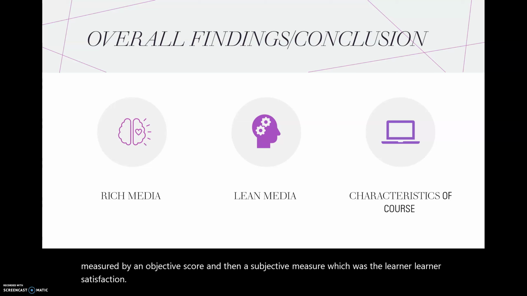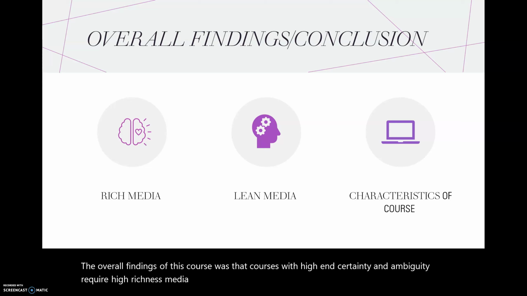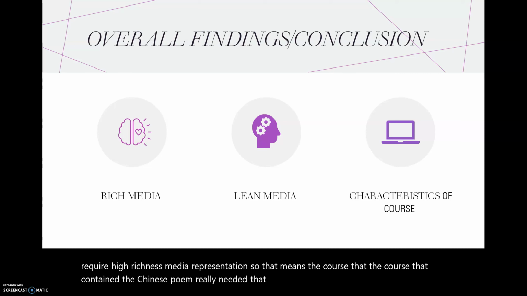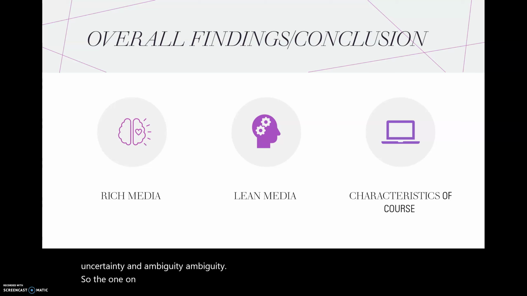The overall finding was that courses with high uncertainty and ambiguity require high richness media representation. The course that contained the Chinese poem really needed that high richness media representation in order to clarify the learning and create clearer communication. For the course with low uncertainty and ambiguity, the one on basic computer skills, lean media was more helpful, and it was better to just use plain text.